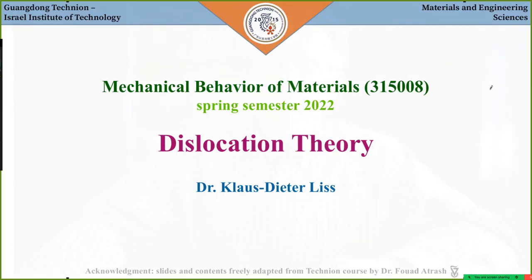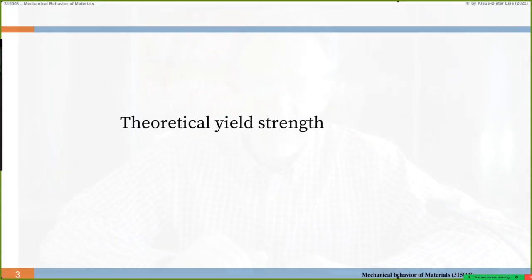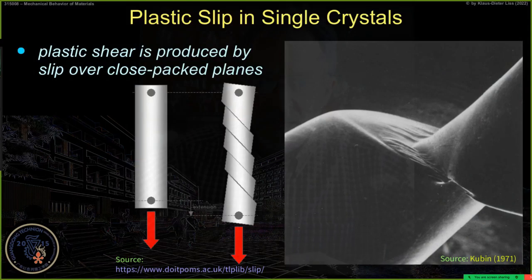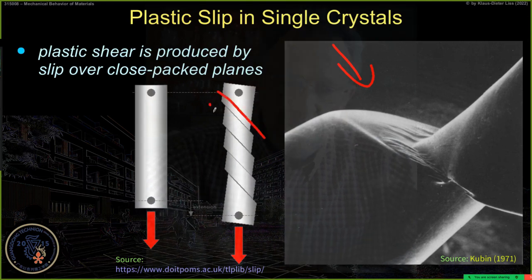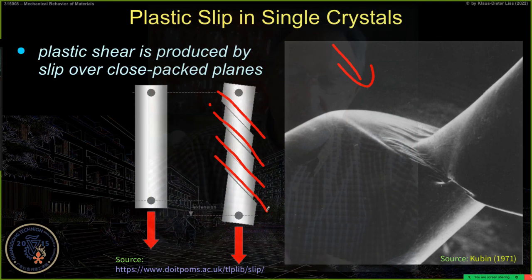Last time I started with the theory for dislocations. To introduce dislocations, first of all I talked through the theoretical yield strengths of materials. If we look at tensile testing, then we realize, as we take a single crystal as a test object, that there's plastic deformation on so-called slip planes.